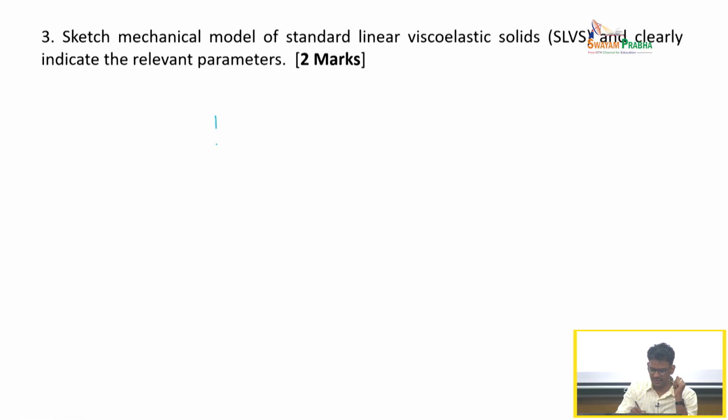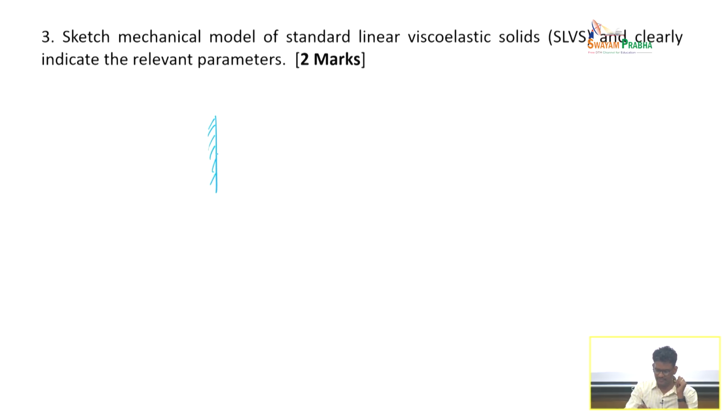It's just basically sketching the mechanical model for this standard linear viscoelastic solid. So we know that for standard linear viscoelastic solid, there is a linear spring, E1, and this is connected to a Kelvin arm. So there will be a dashpot, and then there will be another spring, and together they support the stress.